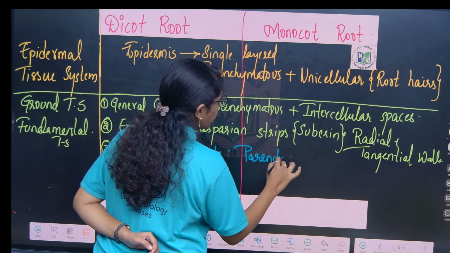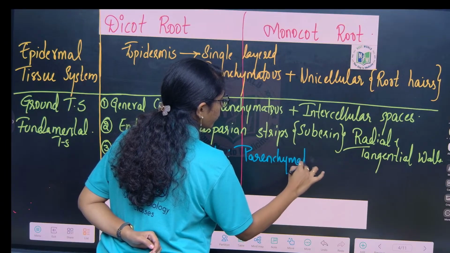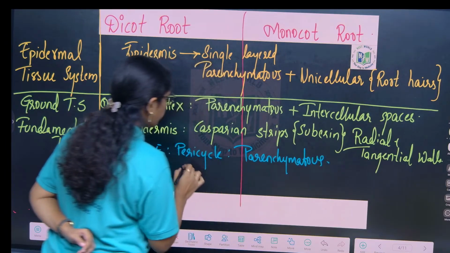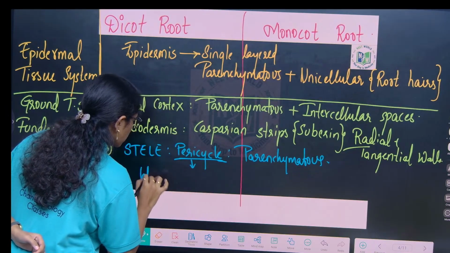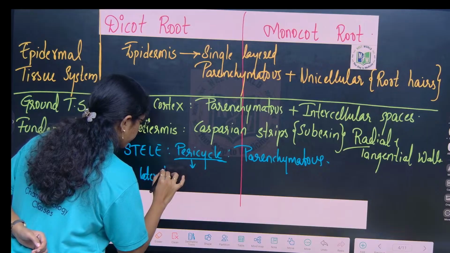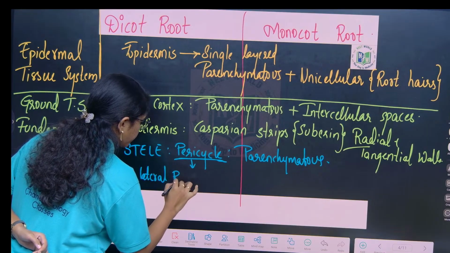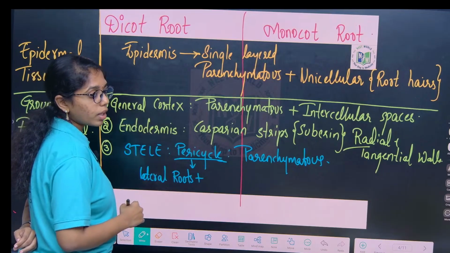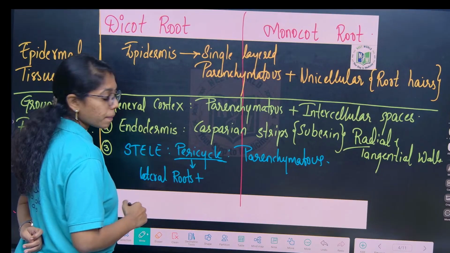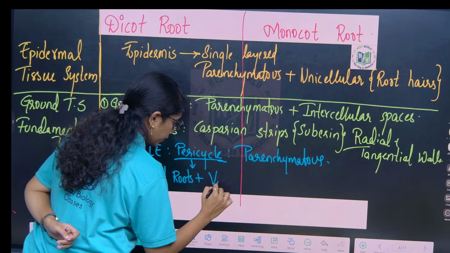What is the primary difference? Here from pericycle, both lateral roots and what is originating? Vascular cambium. Good.